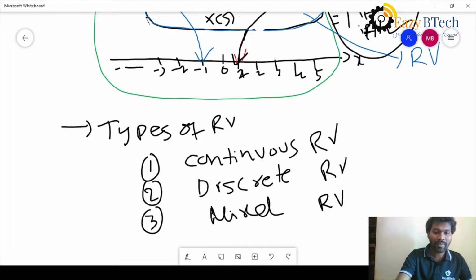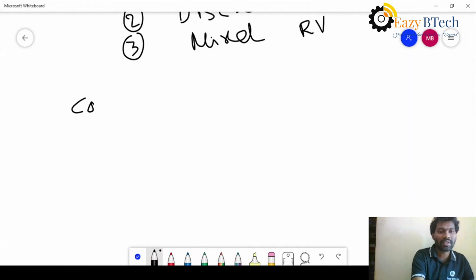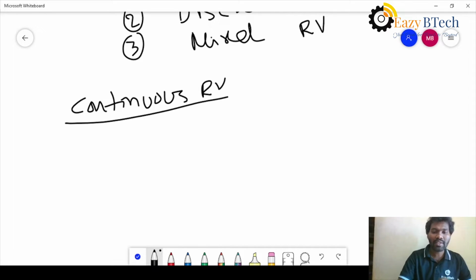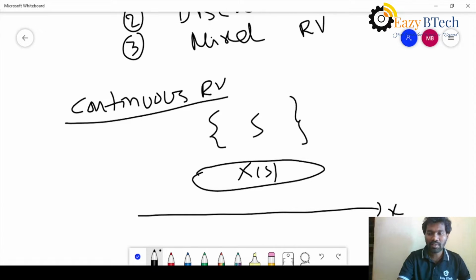Now, how a continuous random variable is defined and how it looks, you can see here. For a random variable there should be one sample space, one function x of s, and one real axis x. But what you have to see here is the change for the continuous random variable.